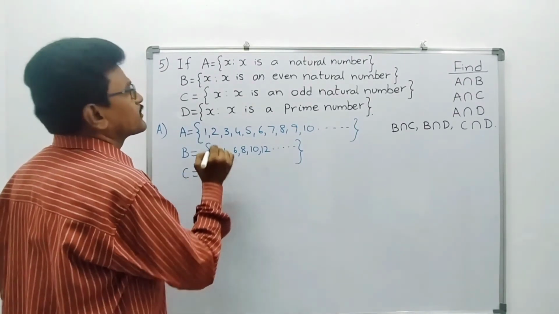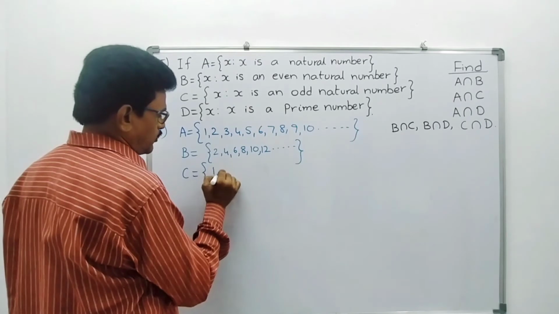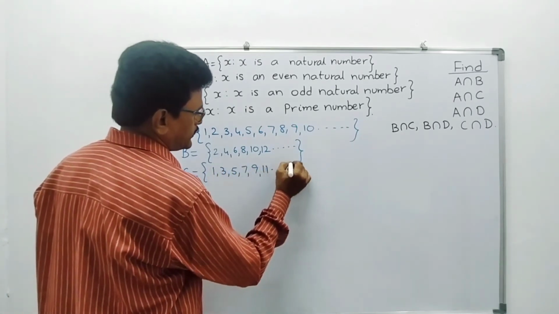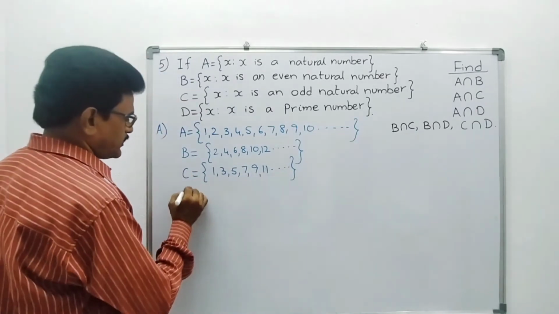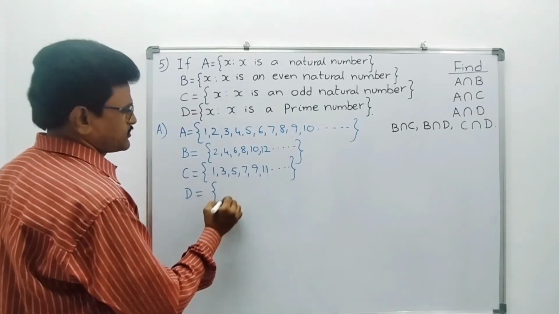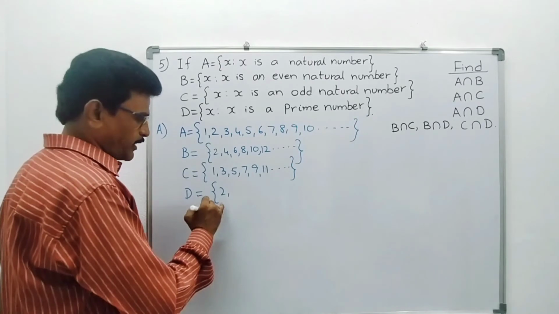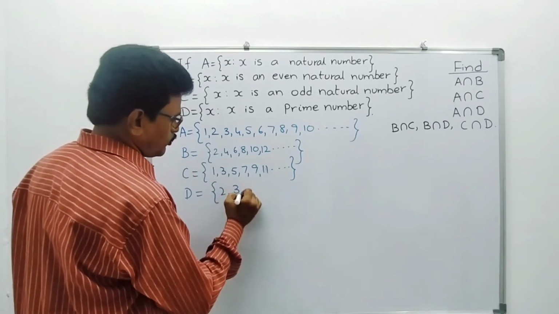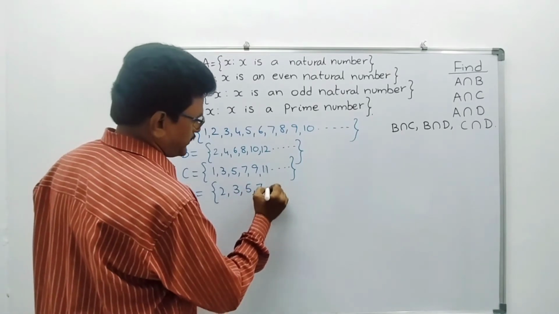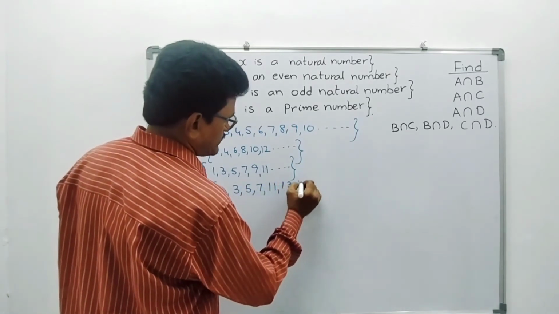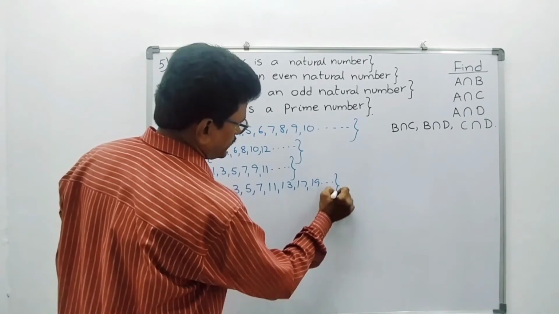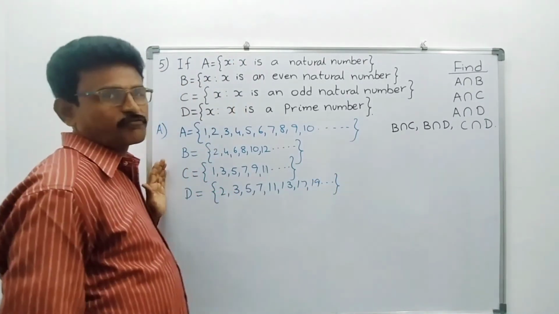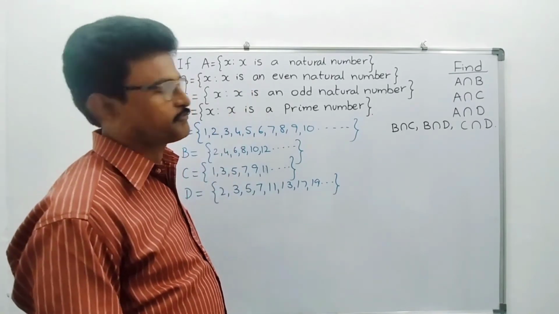Set C, odd natural numbers: 1, 3, 5, 7, 9, 11, and so on. Now what is set D? Prime number list. 2 is the first even prime number. Only one number is an even prime. Next 2, 3, 5, 7, 11, 13, 17, 19, and so on. This is the roster form of the given set builder form.